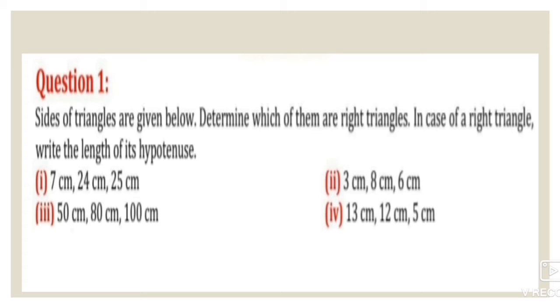So you know that for a right angle triangle, hypotenuse square is equal to perpendicular square plus base square. This is the Pythagoras theorem.